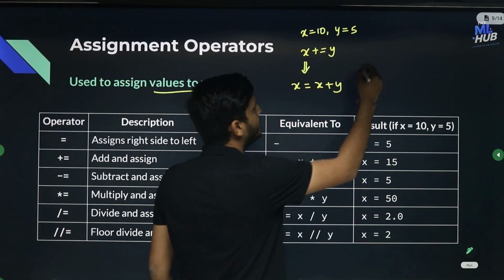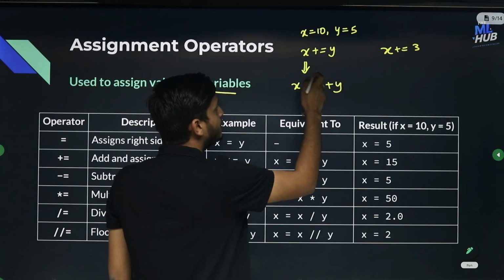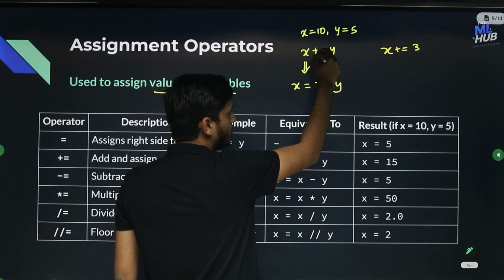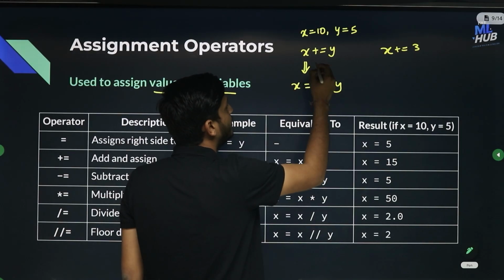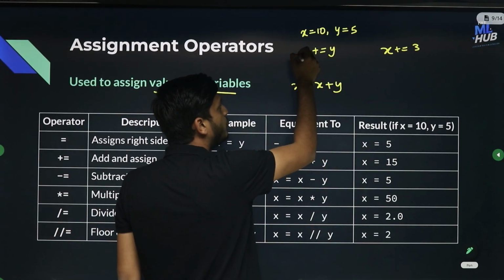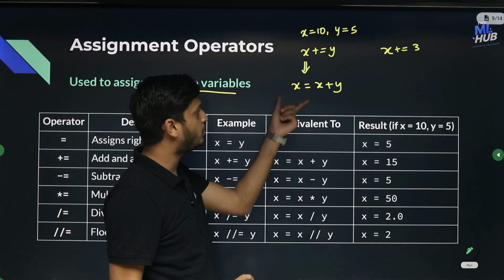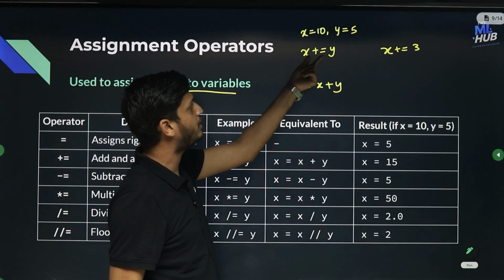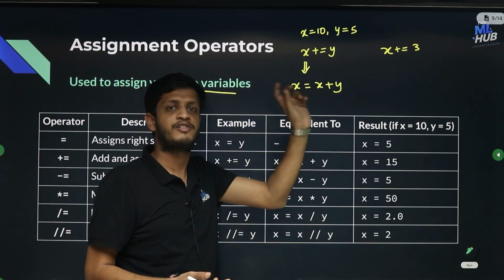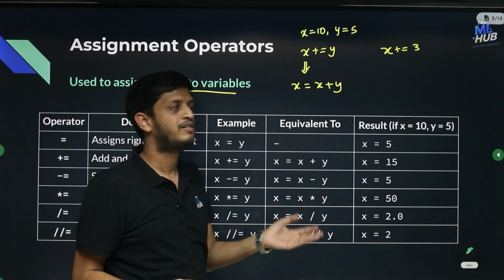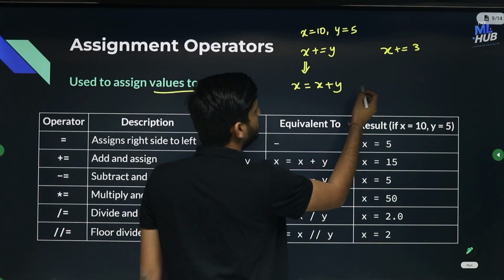Or you can also write like x plus equal to 3 also. You can have a constant here also. But the point is, this particular operator plus equal to will be equivalent to writing x equal to x plus y. So it will first add the value of y to x and then it will assign the value to x itself. So if you want to write this line, there is a shorthand notation of it using this particular assignment operator. This is a special assignment operator in which we are firstly adding the value and then assigning it. Okay, so you can write it like this, and what it will do, x equal to x plus y means what?